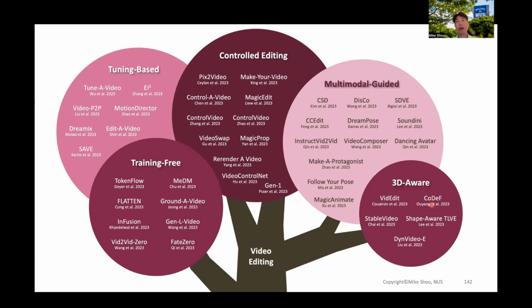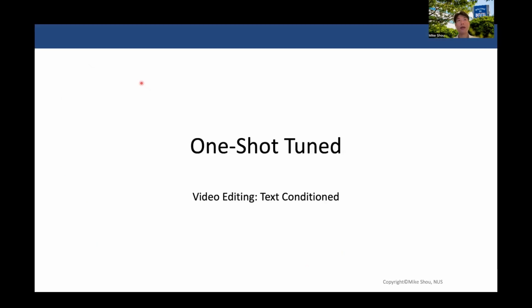More specifically, we are going to divide it into 5 subtopics. The first subtopic I'd like to introduce is the tuning-based approach. The tuning here means that we tune the video generation model on the input video, which is the video provided by the user.